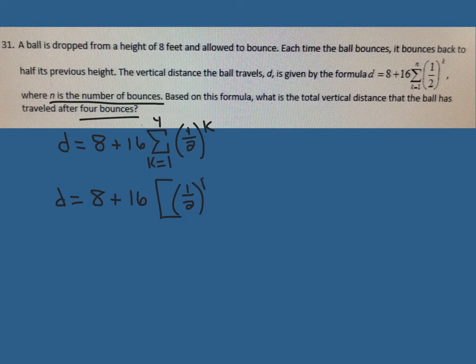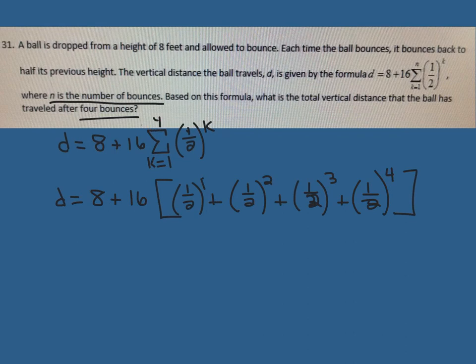Then we're going to do plus 1/2 to the second plus 1/2 to the third, and then plus 1/2 to the fourth, and that's where we stop. We know we stop there because this 4 is the number on top of our sigma symbol.